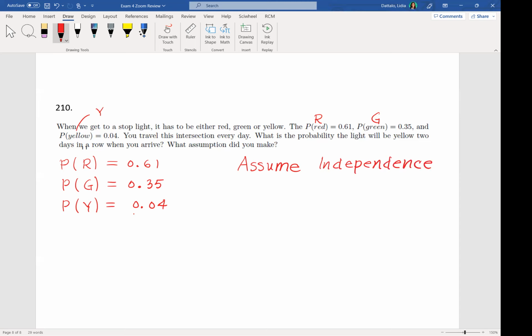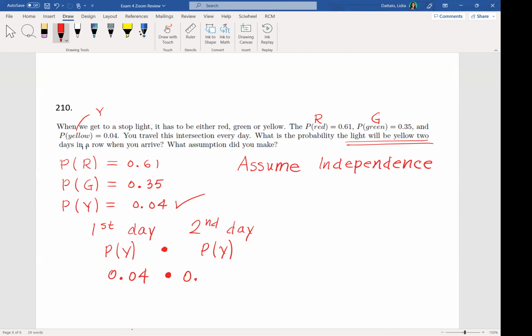Okay. So now let's look at the first day. The probability that the light will be yellow 2 days in a row. This will be the probability of yellow on the first day times the probability of yellow on the second day, a different day. What is the probability of yellow? 0.04 times the probability of yellow again.